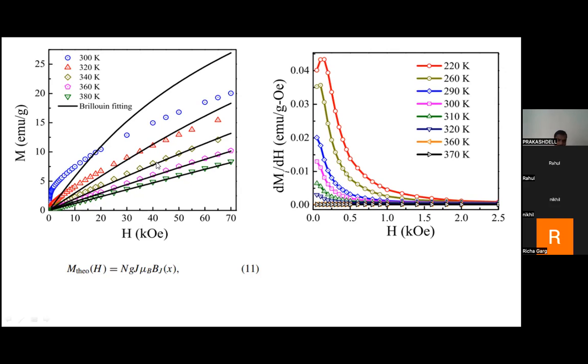Above 360K, the system has become para, and you can clearly see it starts fitting with the Brillouin function. But below that, it doesn't fit at a low field as well as at a high field region. That is another indication that the complete phase transition has not occurred so far. In principle, the moment has not gone down to real zero. There is some finite magnetic moment value that still persists.